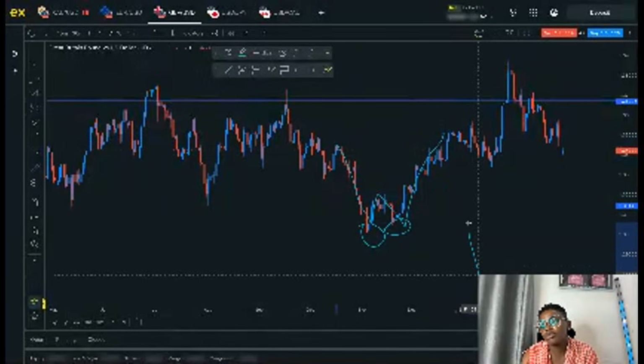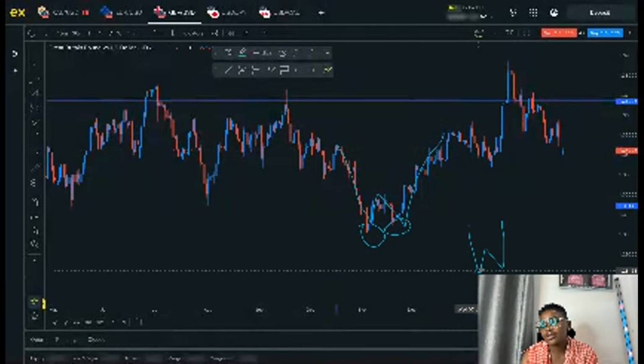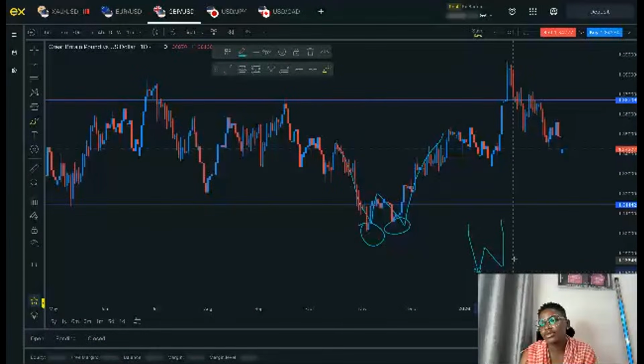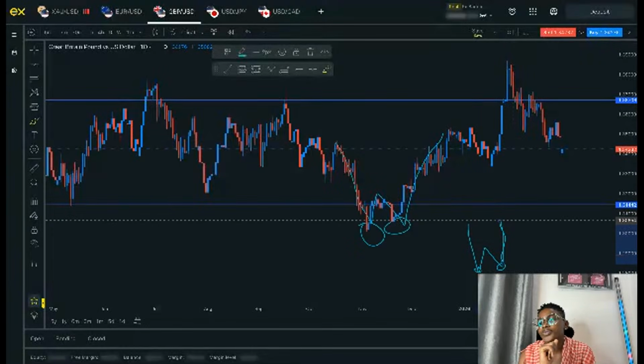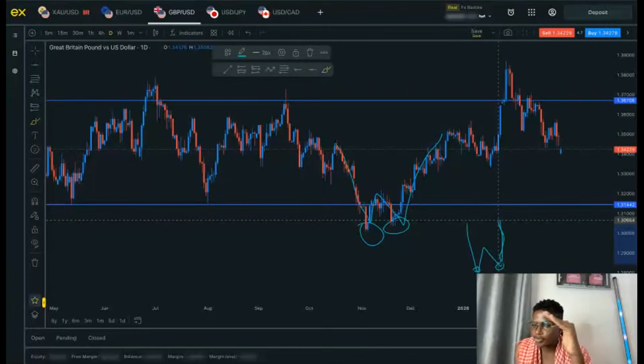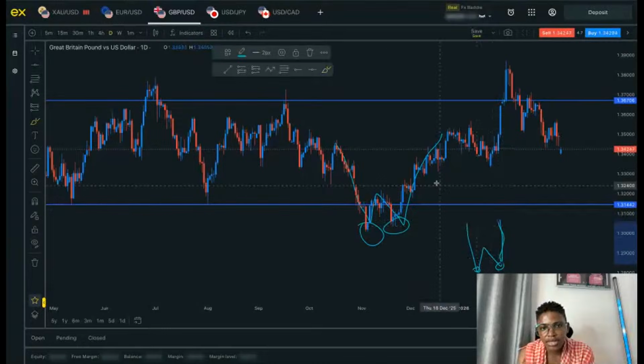So this is what the double bottom is trying to form. W. Price respected this level, came again, respected it. Now we are expecting it to buy up. So double top, you look for sell. When you see double bottom, you look for buy. Simple. So I'll delete this.